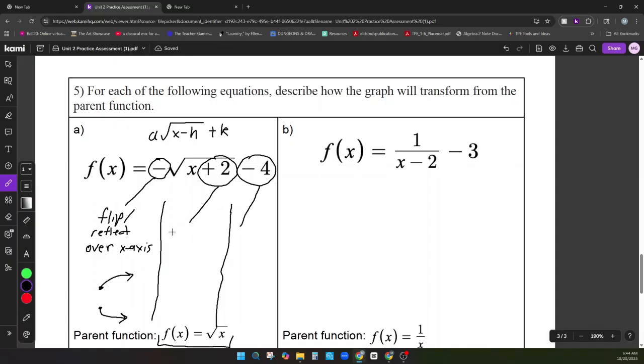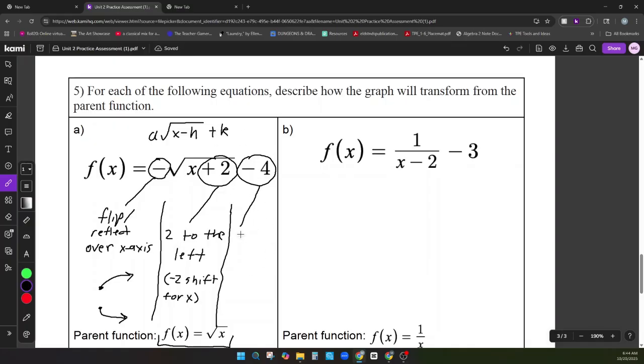That means instead of 2 to the positive, I must do a negative shift. So it's going to be 2 to the left in the negative direction, because that's just the rule for my h. I must do the opposite sign of whatever's given. So even though this is a +2, this is a -2 shift for x. So that's going to be a shift 2 to the left.